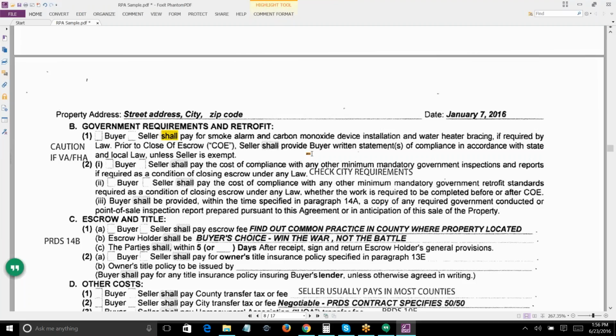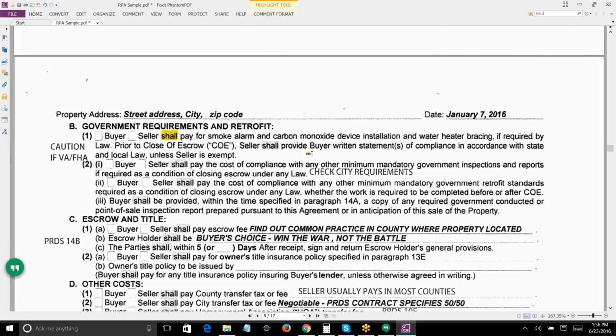What that means is that the Veterans Administration and FHA generally have something called health and safety clauses, and so they oftentimes require things. Whether or not the seller is required to do something, FHA and VA may require them to do things. Notice it talks about cost of compliance with any minimum mandatory government inspections, check city requirements.